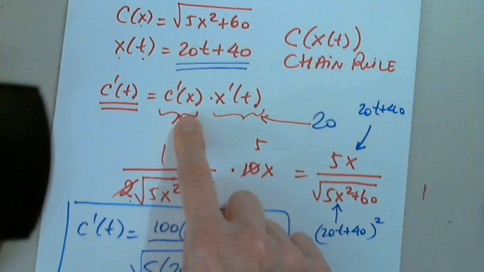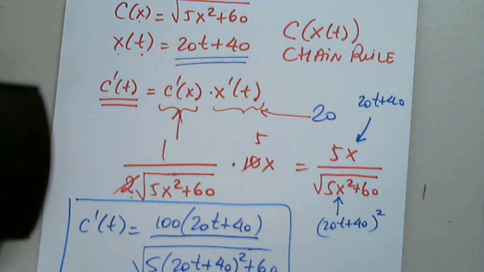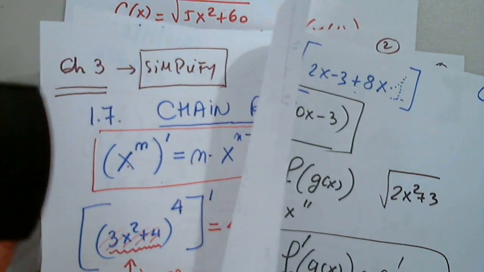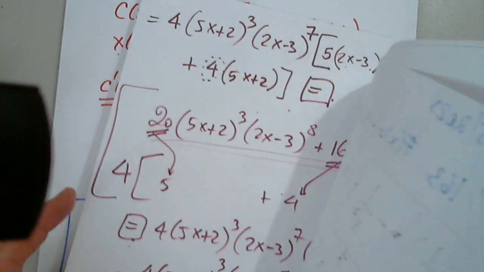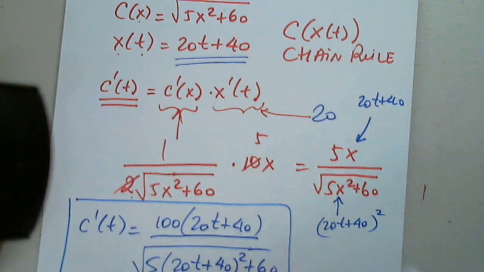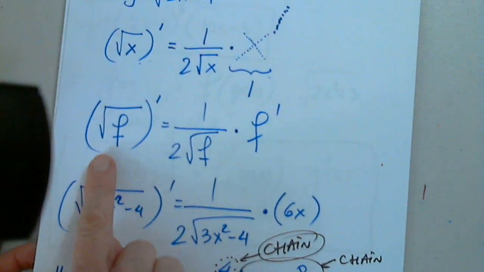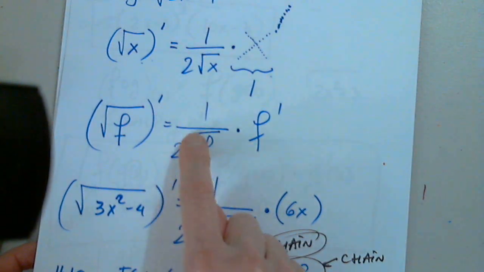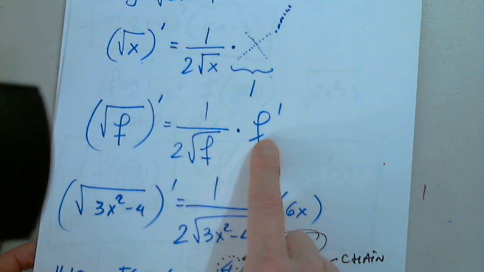C prime of x, you perfectly identified it with something we talked about tonight. The derivative of the square root of the function is 1/2 the square root of the function times the function prime.